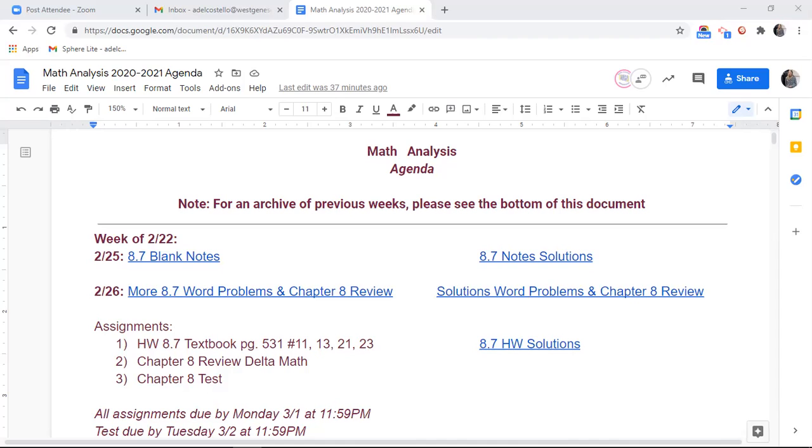So formula for horizontal. And again, these are not formulas that you have to memorize. So formula for horizontal is going to be x is equal to the magnitude of your velocity times the cosine of theta times t.